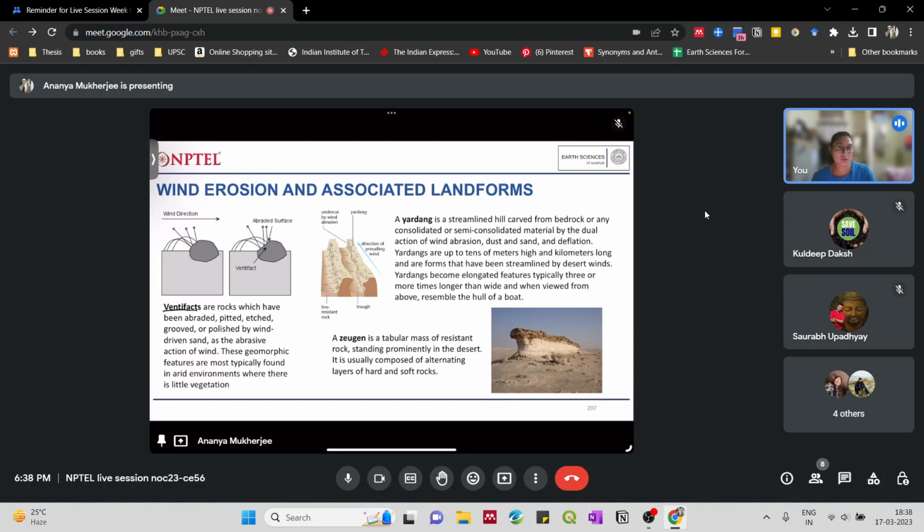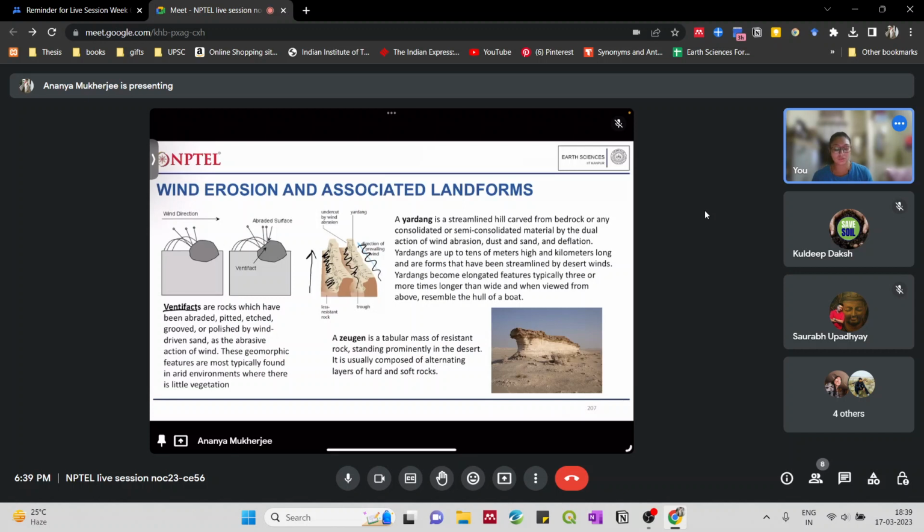Then another erosive feature is called the yardang. Yardangs are usually found in areas where you have alternate layers of soft and hard rock. What happens due to the wind erosion? Your wind is going like this, and this area was covered by softer rocks, then this area was also covered by softer rocks, and this area also.